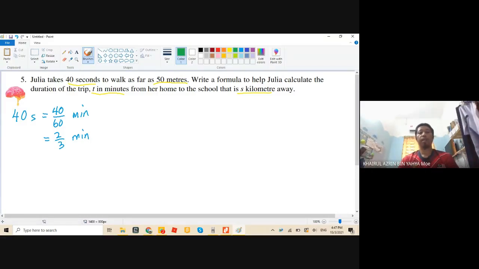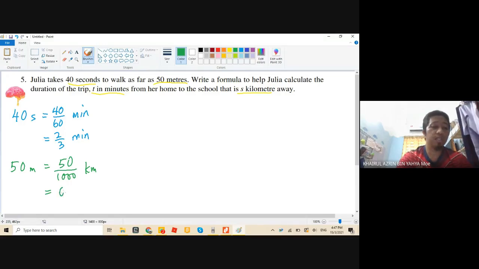And then 50 meters. We need to convert to kilometer, so we need to divide by 1000. 50 divided by 1000 is 0.05 kilometer.